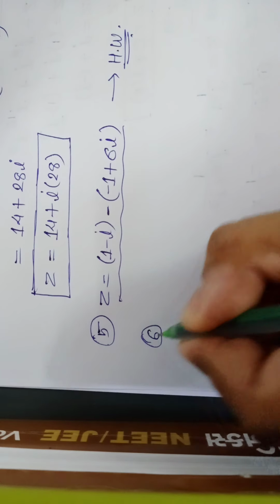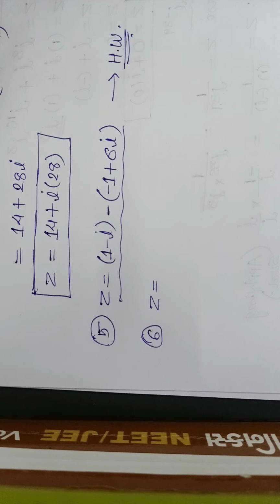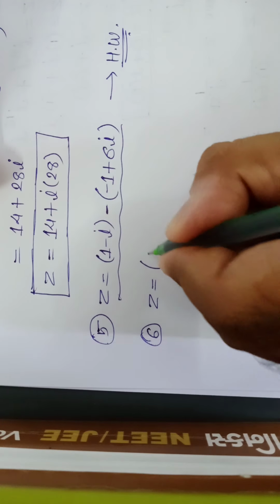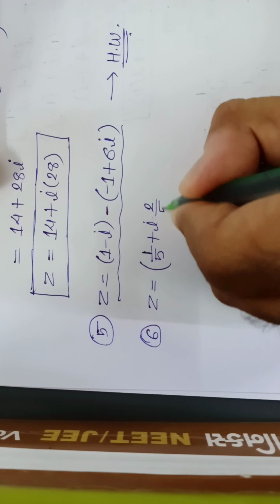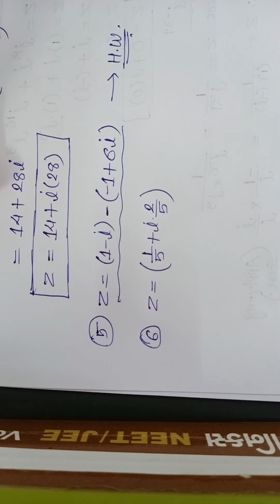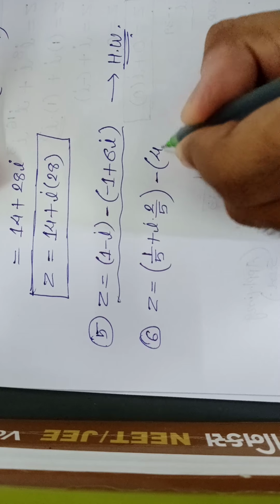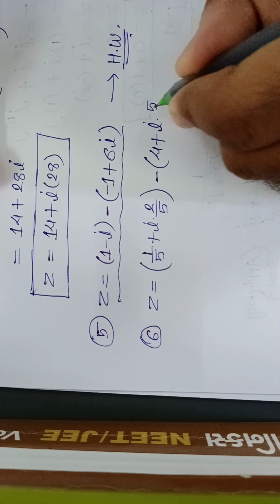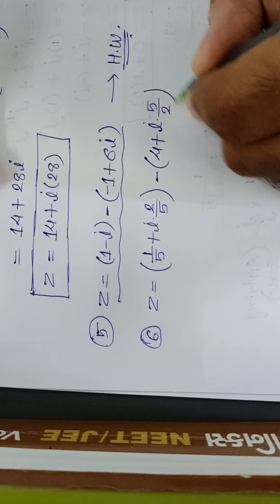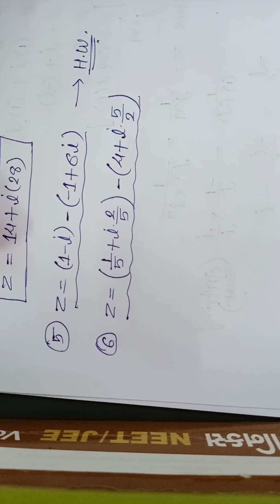Sixth one, Z is equal to 1 by 5 plus I into 2 by 5, minus, in the bracket, 4 plus I into 5 by 2. See here, this kind of expression is there. Okay, so let us solve it. A simple subtraction is there.